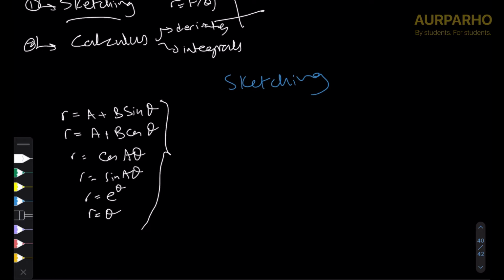But for example, if you come across something like r equals e to the theta cos theta, and you don't know what it looks like because you haven't come across the basic structure for this, what you would do is take certain values. For example, take pi over 6, pi over 4, pi over 3, pi over 2, and so on. And you would get certain values of r.